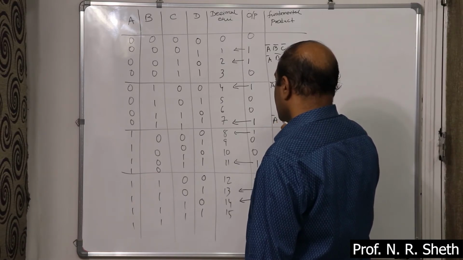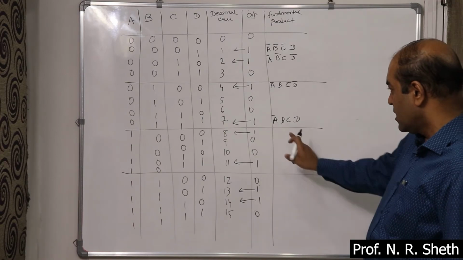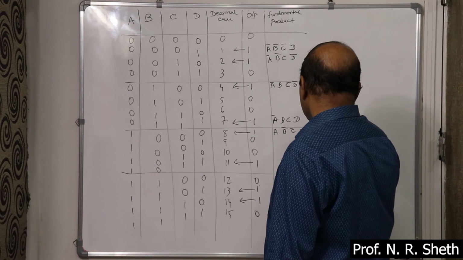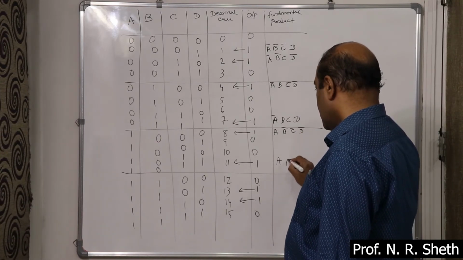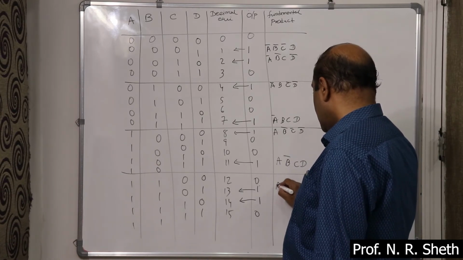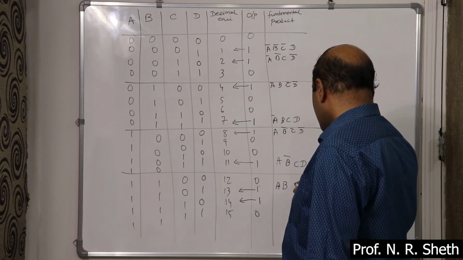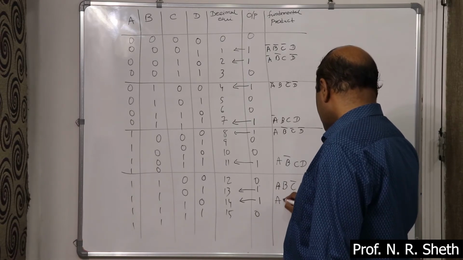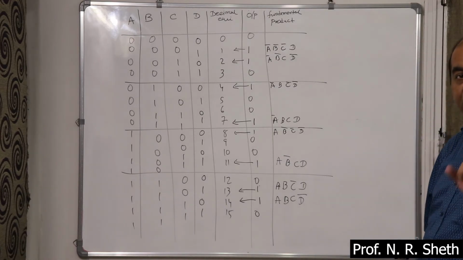A bar, B, C, D. A, B bar, C bar, D bar. A, B bar, C, D. A, B, C bar, D. A, B, C, D bar. 8 entries are high.